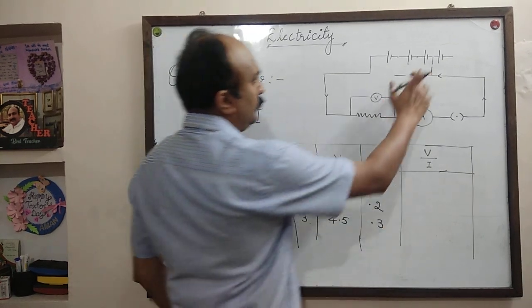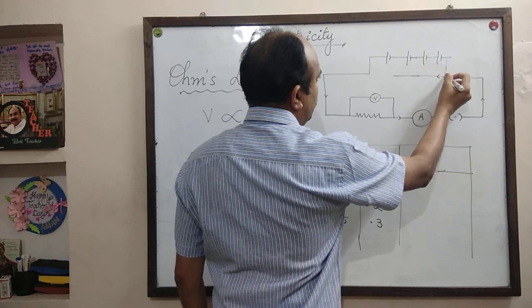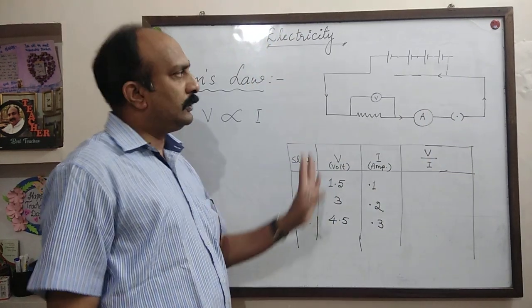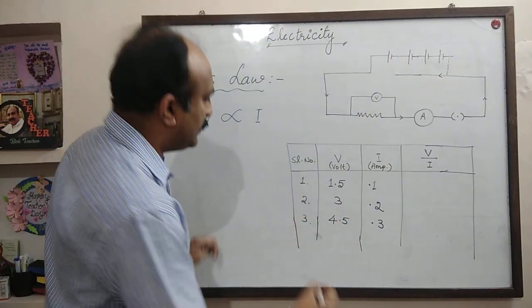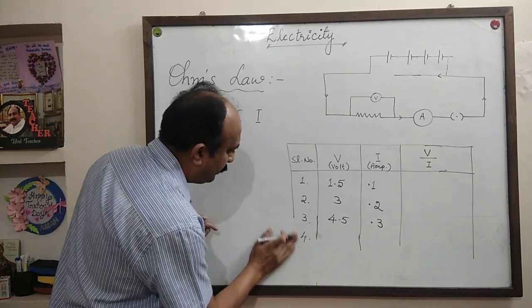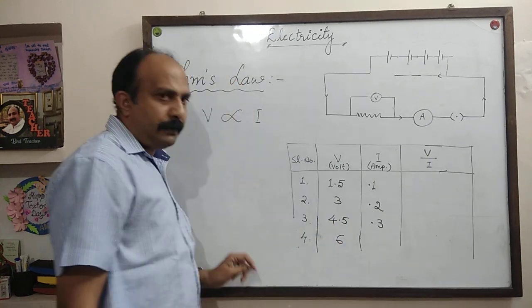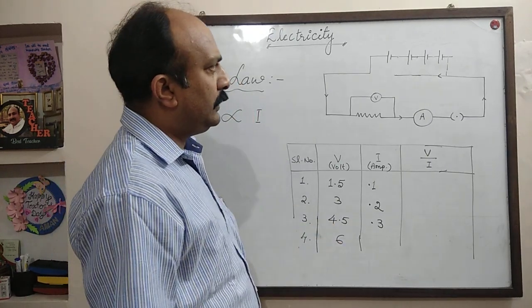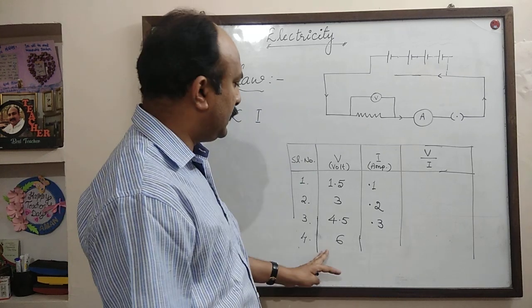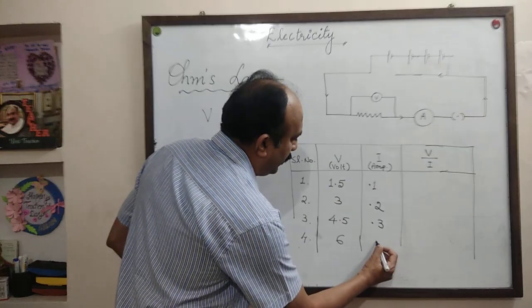Then again continue. Add the last cell also to the circuit. So total voltage for the cells is equal to 6 volt. Suppose at this time, when the total voltage in the circuit is 6, the ammeter reading is 0.4 ampere.